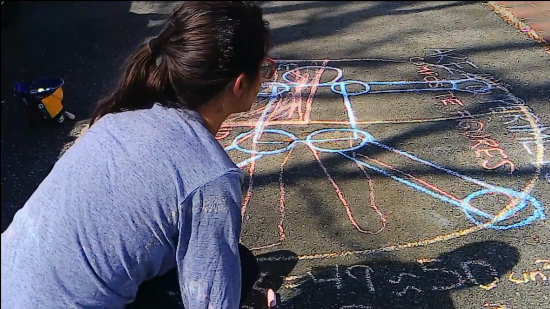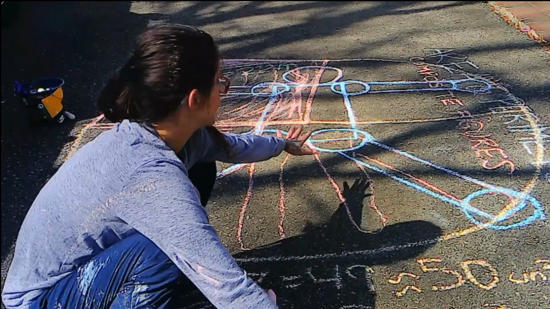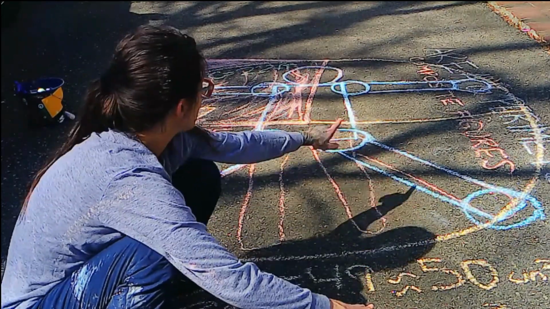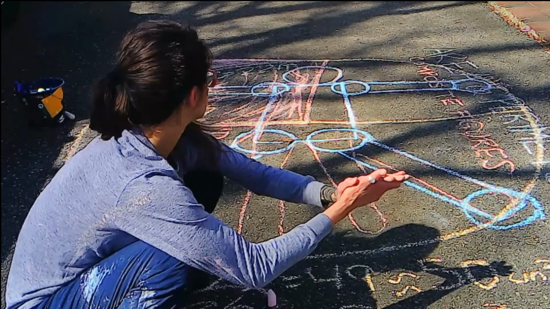Okay, so now for composite figures. If I were to approximate the area of my shadow, what I would do is find the area of all the pieces and then add them together, and then I can go around the outside and determine what the perimeter is.